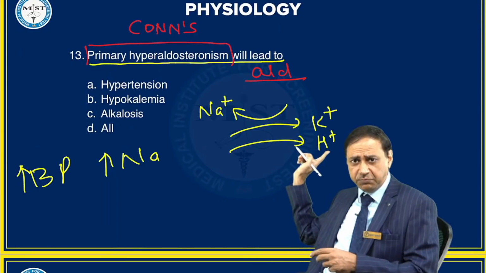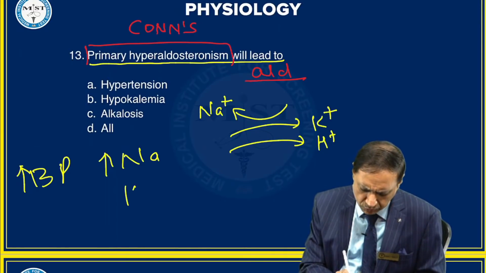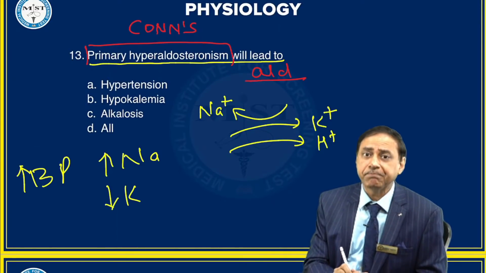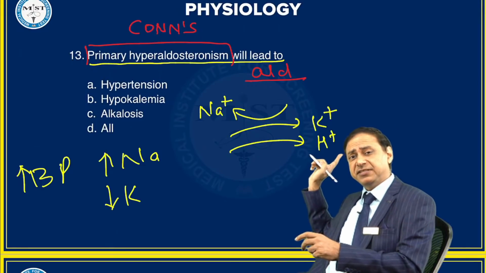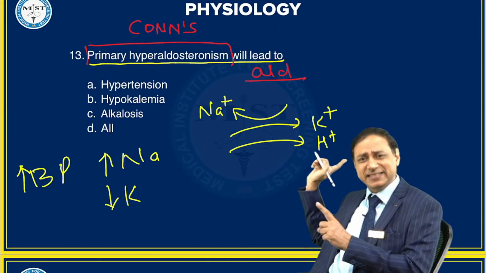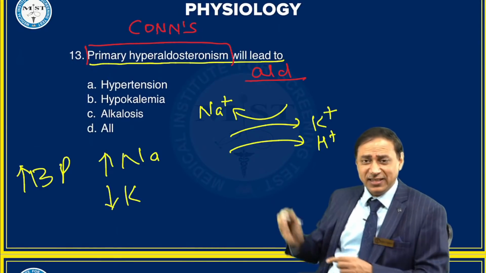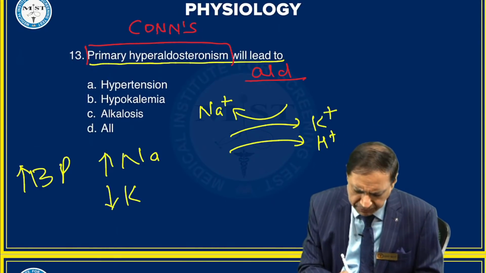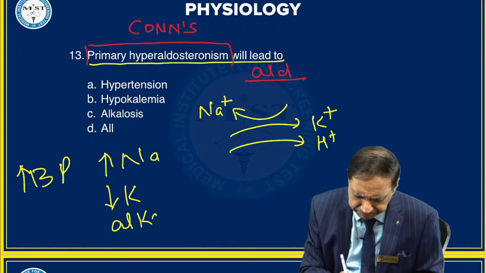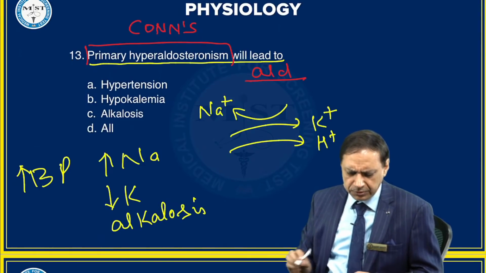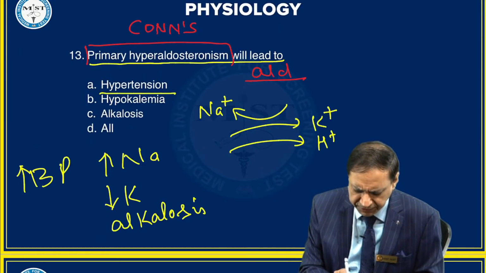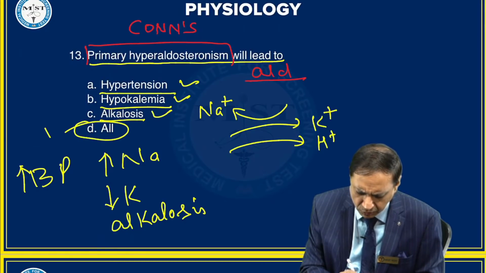Potassium is excreted more in the kidney, so hypokalemia. H+ will be excreted in kidney, so urine will become acidic, and plasma will become alkaline. Metabolic alkalosis. So it will lead to hypertension, hypokalemia, alkalosis. So answer here is all.